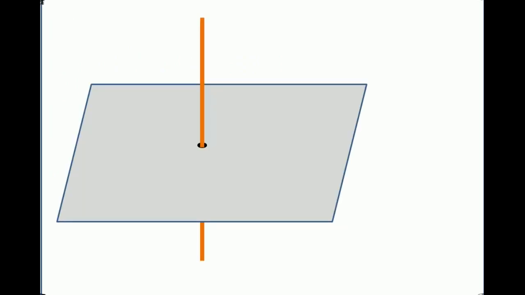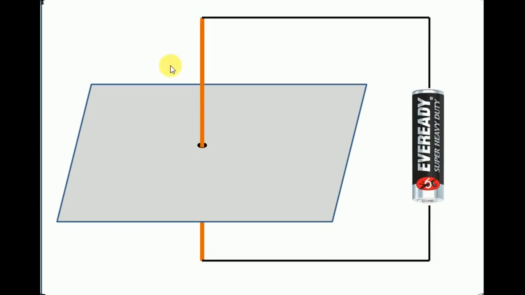We can do one more activity to trace the magnetic field. Same thing, we have a cardboard through which a conductor is passing and we are connecting the conductor to the cell. Now you keep one magnetic compass, it will show a deflection, then we'll put two dots.